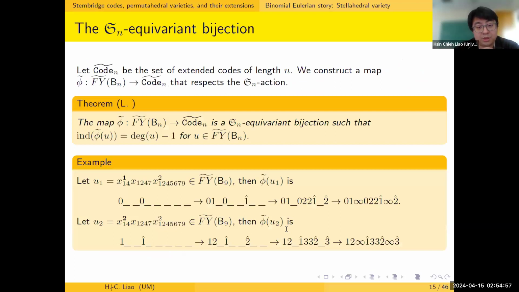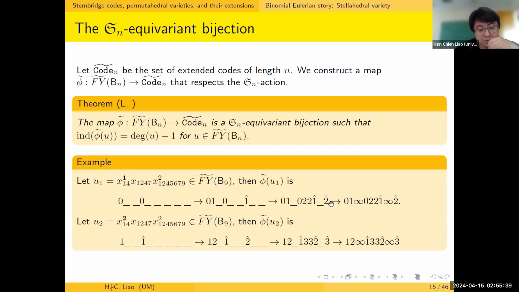And also we construct an S_n-equivariant bijection between these Feichtner-Yuzvinsky bases and the extended codes, and it sends the degree of the monomial of the basis minus 1 to the index of the extended code. The bijection is kind of similar, but you break it into two cases according to the exponent of the first term. If the exponent is 1, then when you plug in numbers, you start with 0, 1, 2, and so on.